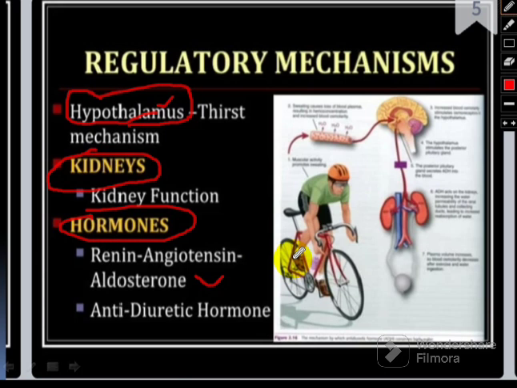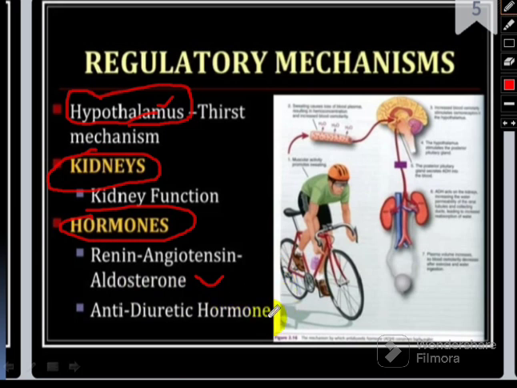We are going to do this in detail in renal physiology and endocrine physiology, the renin, angiotensin, aldosterone mechanism. I don't want to dive into details of that, so I don't confuse you. But this hormone is important in maintaining body water of every human being.